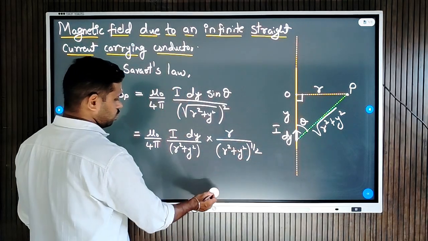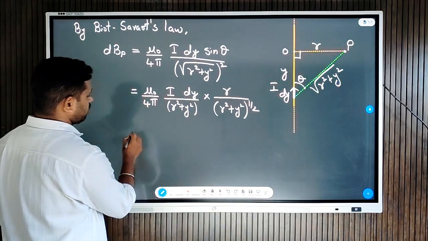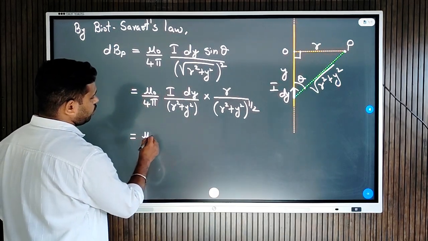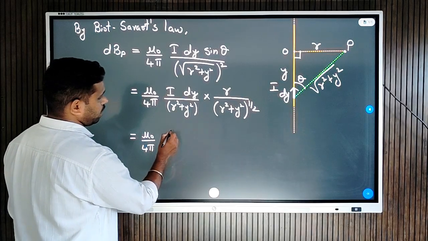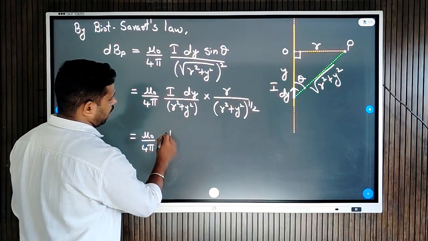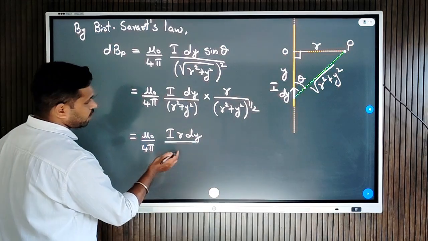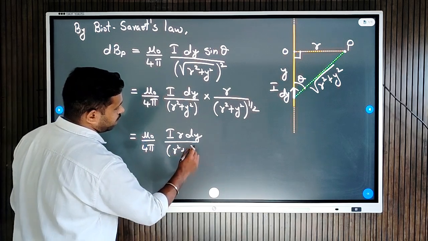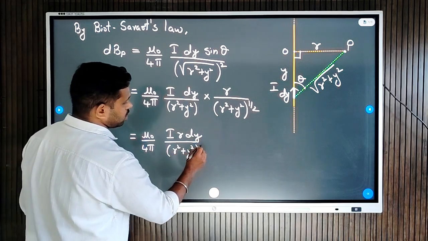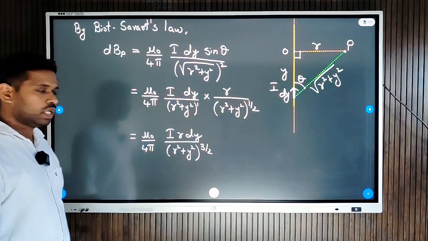Now we will simplify this further. This becomes mu naught upon 4 pi I r dy divided by r squared plus y squared whole raised to the power 3 by 2, since this is 1 and this is half, so it becomes 3 by 2.